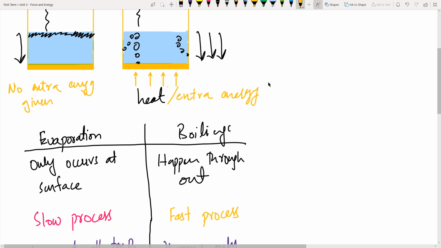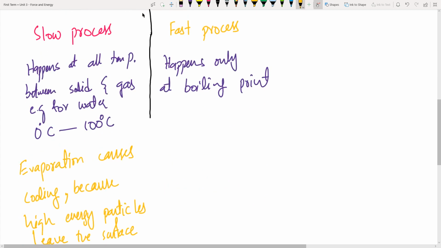So in comparison to boiling, there isn't any loss of temperature, because as I said, in boiling the temperature remains the same.